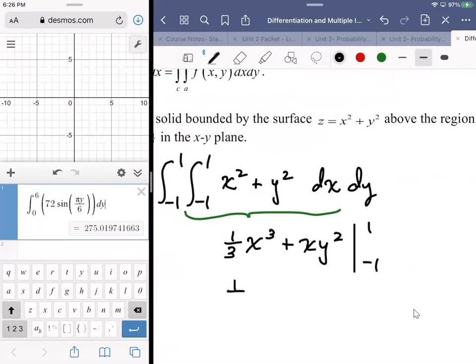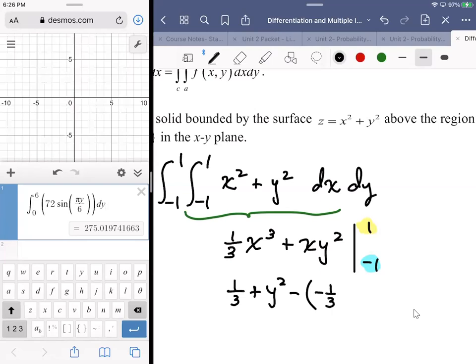So 1/3 x cubed with x being 1, so just 1/3, plus xy squared, again with x being 1 gives us y squared, minus 1/3 of -1 cubed. -1 cubed is -1, so minus a 1/3.